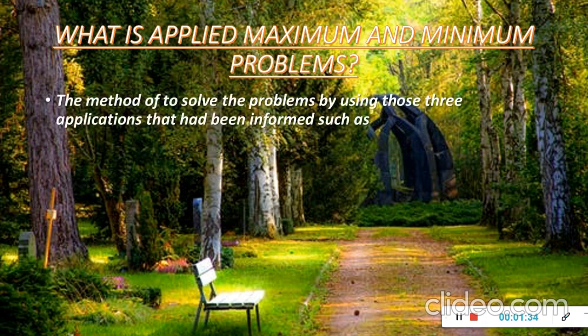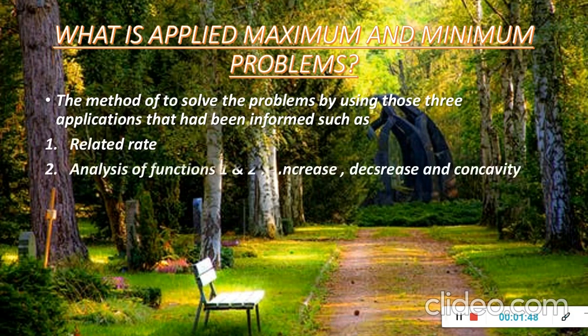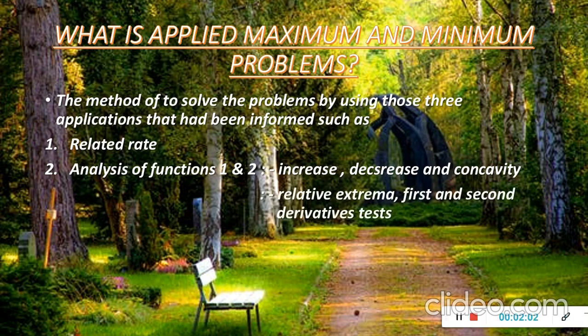That is the method to solve problems by using those three applications that have been mentioned, such as related rate and analysis of function 1 and 2, which means first, increase, decrease, and concavity, and second, relative extremum, first and second derivative test.